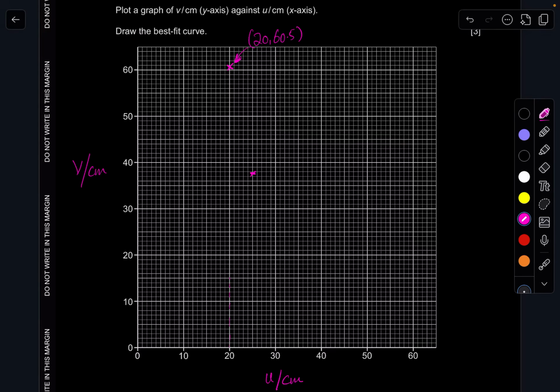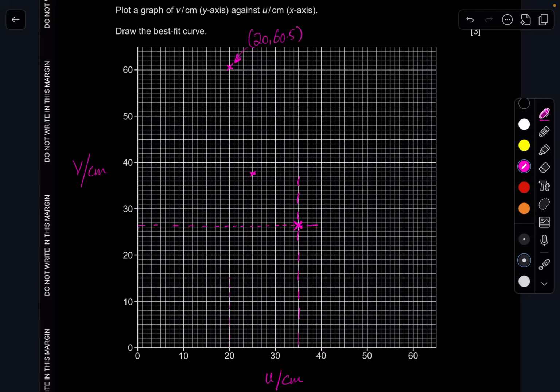Then the next is 35 and 26.5. So 35 is at this point, and on the y-axis 26.5 will be somewhere at this point, so this will be the point.